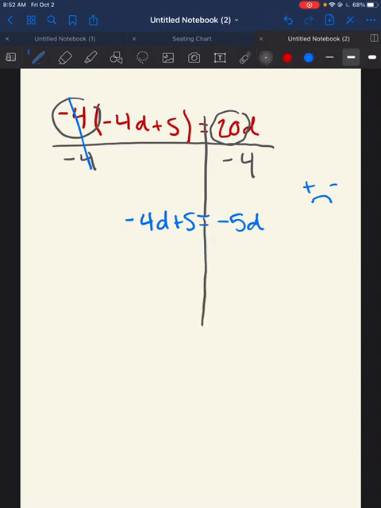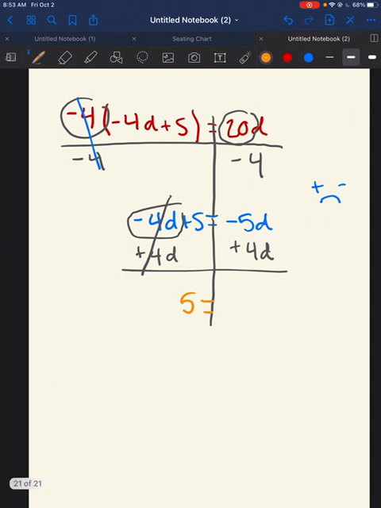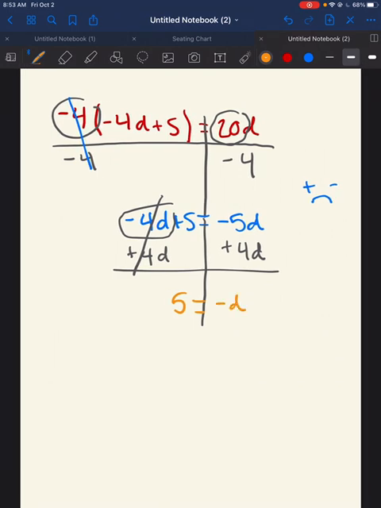So once again, I need to get d to the other side, okay? So add 4d, add 4d. Okay, these will cancel out. I get a 5 equals negative 5d plus 4d is a negative d.